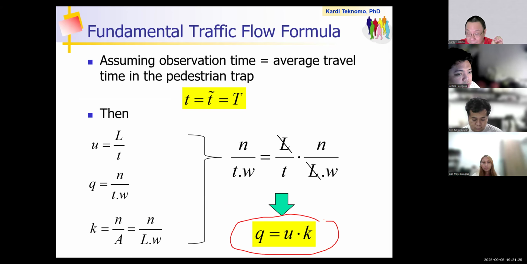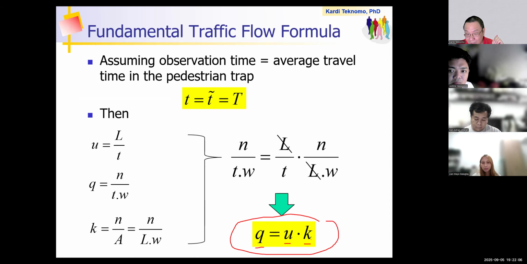Then you get this fundamental traffic flow formula: flow equal to speed multiplied by density. Can you check the unit of this? Is this correct or not? What is the unit of flow? PCU, passenger car unit, PCU per hour per lane. U is kilometer per hour.